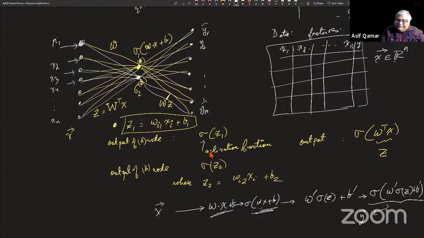In fact, the activated version in this world is your hidden representation, or latent representation. And I'll tell you why we call it the latent representation. Then it goes through wz, the hidden value, plus this, and it gets further activated.